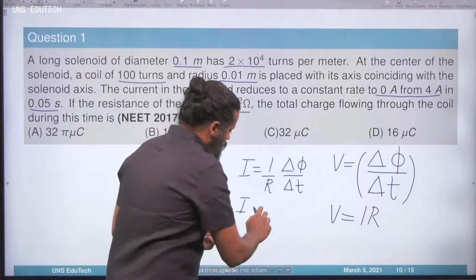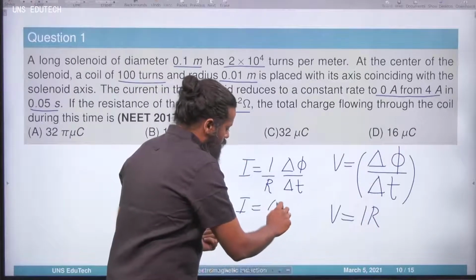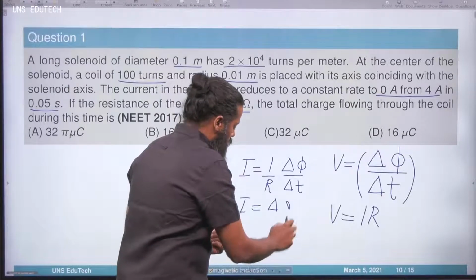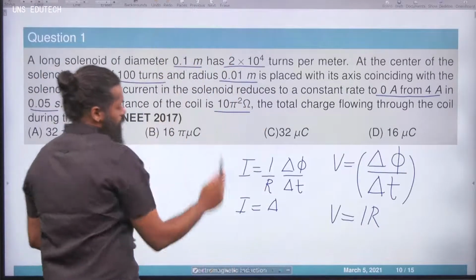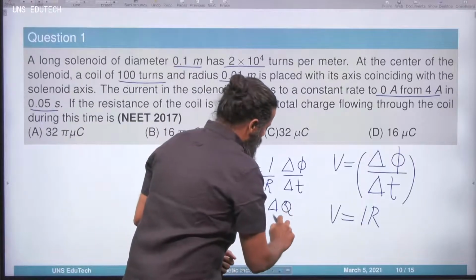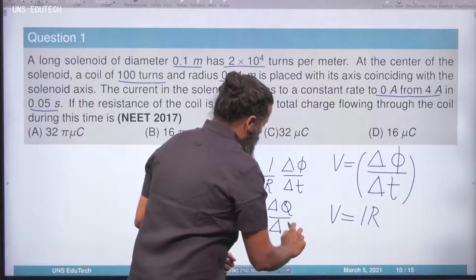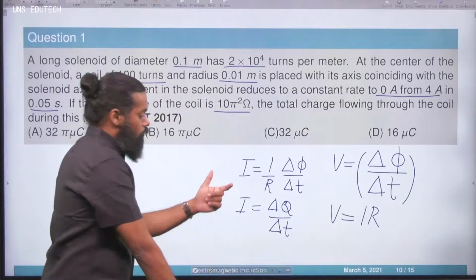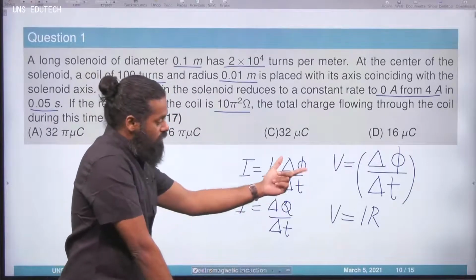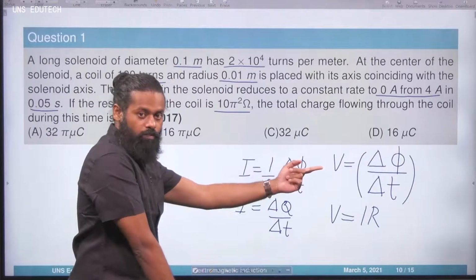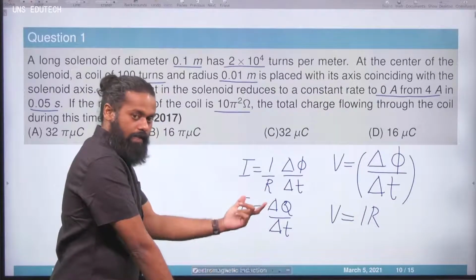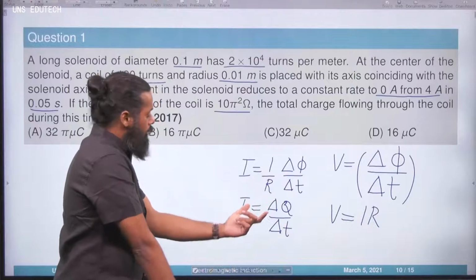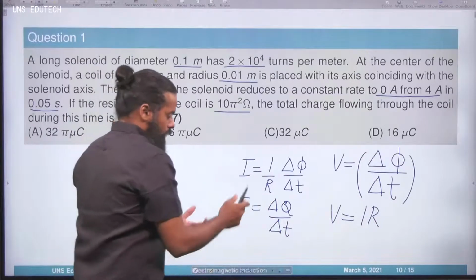So delta Q divided by delta time. Here we are going to connect all these things. See, Ohm's law is used, Faraday's law is used, then current is equal to dq by dt is also used here.